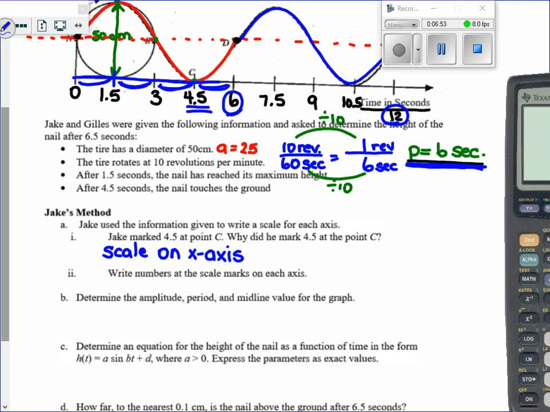He took what he knew, that's 6, and he divided it into 4 equal parts. And when he did that, he got an answer of 1.5, or 3/2, which is the same thing as 1.5. So each mark represents 1.5 seconds.